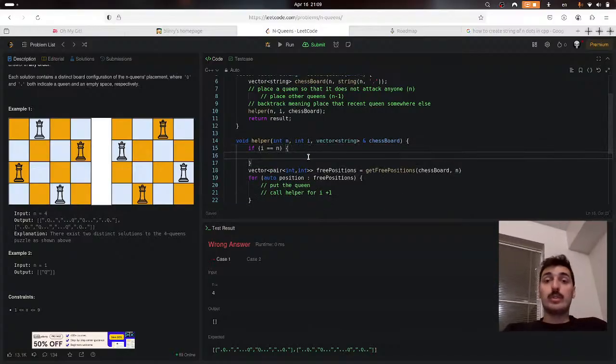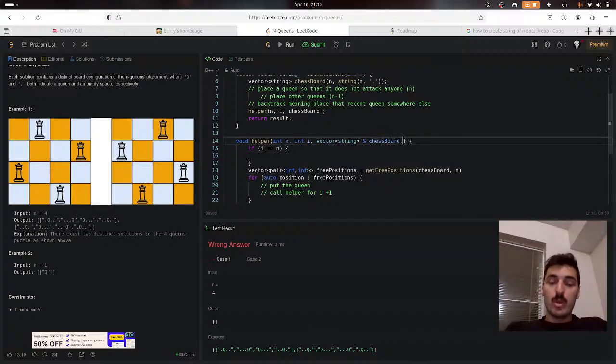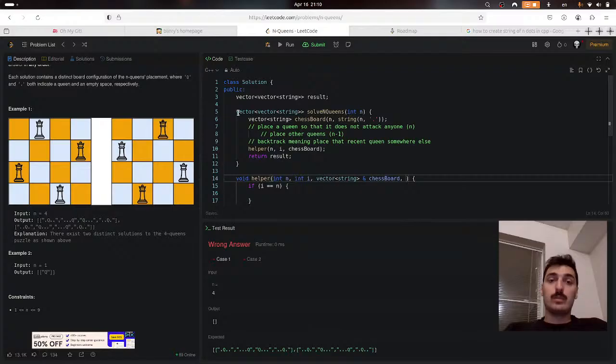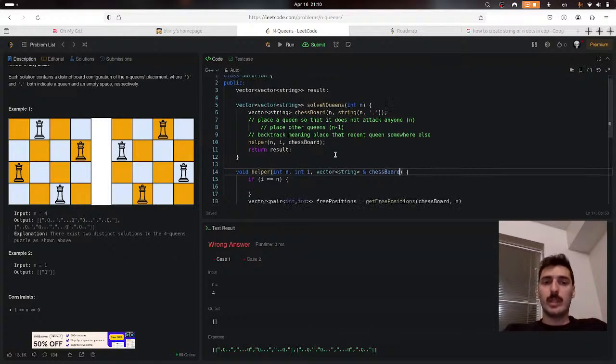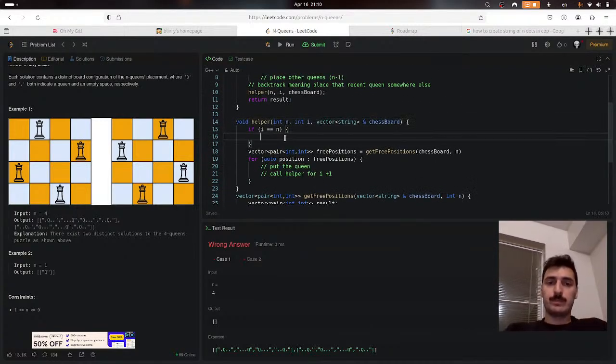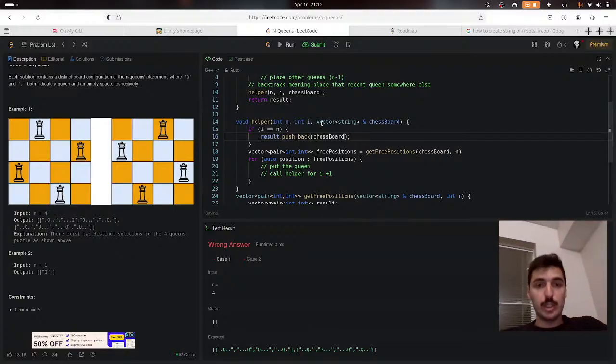We totally forgot about pushing back the result. We don't need a result here, it's a global variable. Push back this chessboard, and just return.